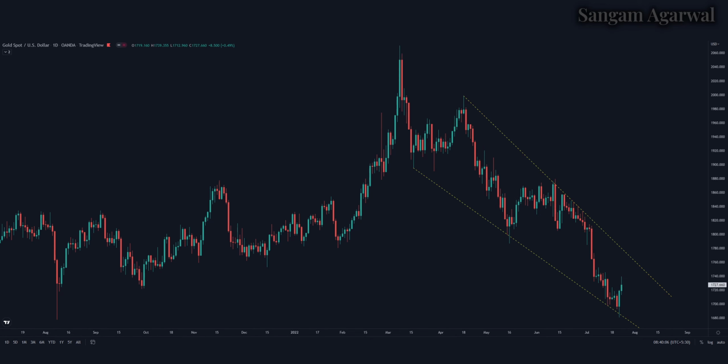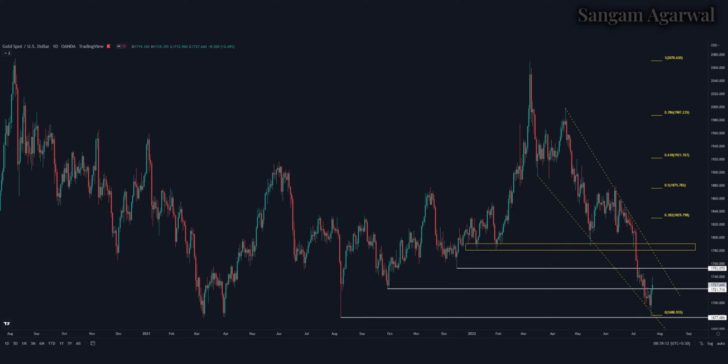You can see price reversed a few dollars before this support 1677, and the low was 1680, and it is back above the 1721 support level, and the next resistance is 1753.